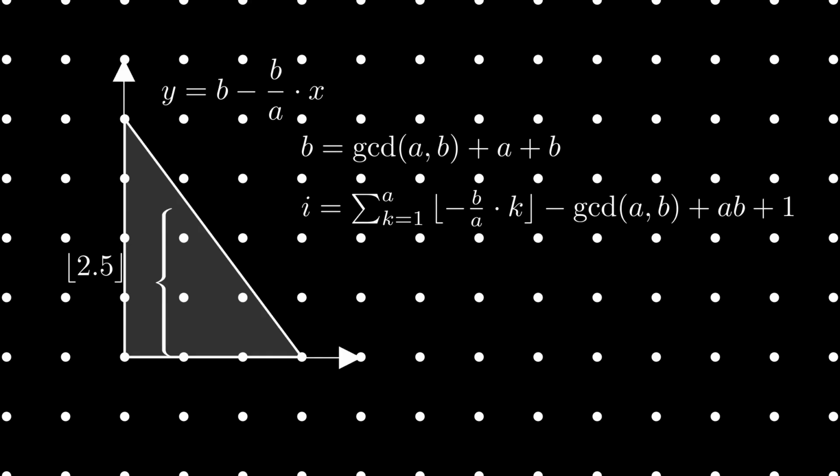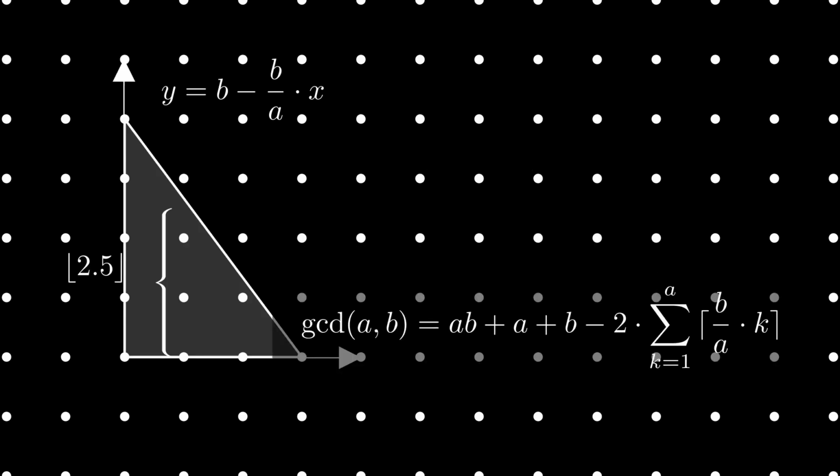Now the area of this triangle is obviously a times b over 2, and now we can use all those formulas and plug them into Pick's formula to get a formula for the GCD. I've left out all the algebraic details because I think they don't matter as much.